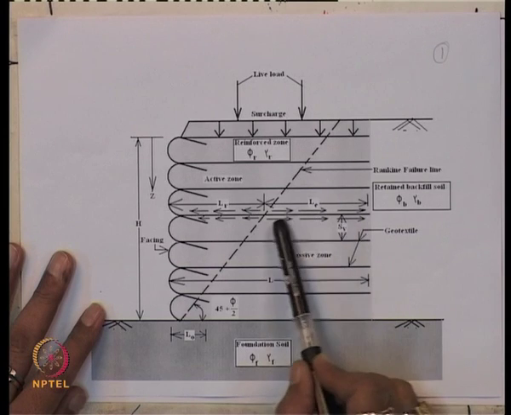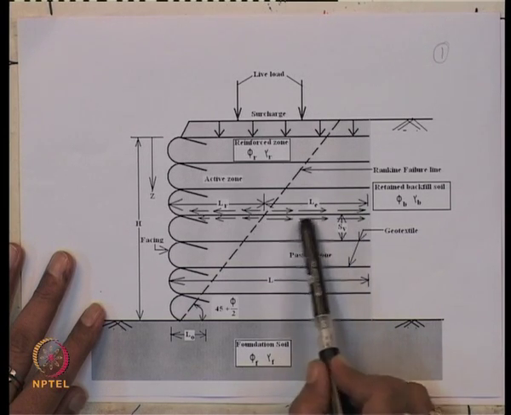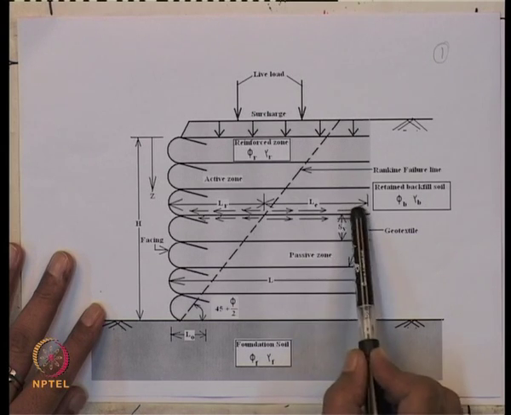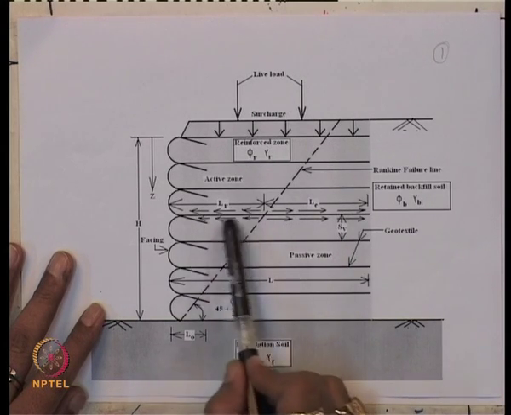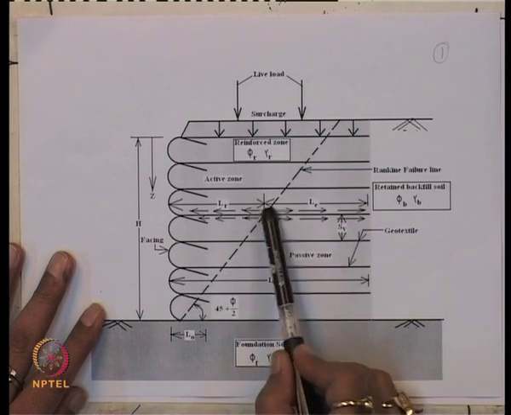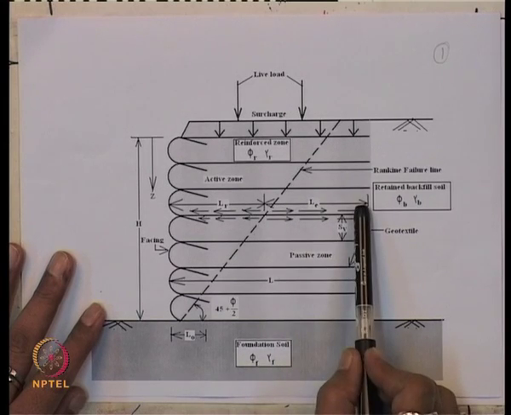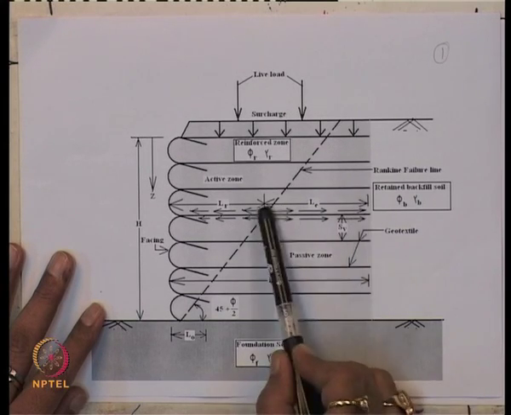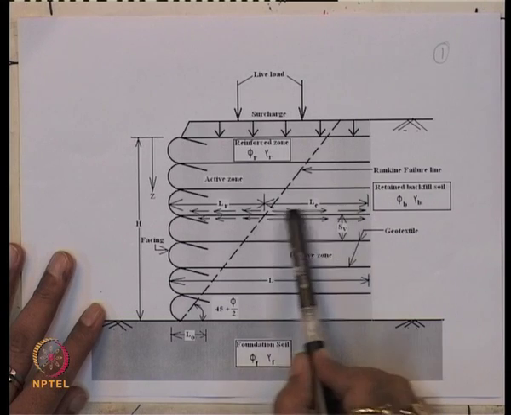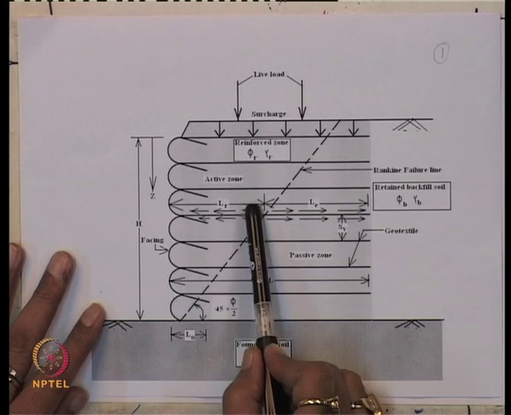And you can see how the friction develops between the soil and the reinforcement, and shear stress is mobilized along this direction and also along the facing element. And this distance, what you call Le, is called the embedment length or the bond length or adherence length, and this is Lr, the non-active length in the active zone.